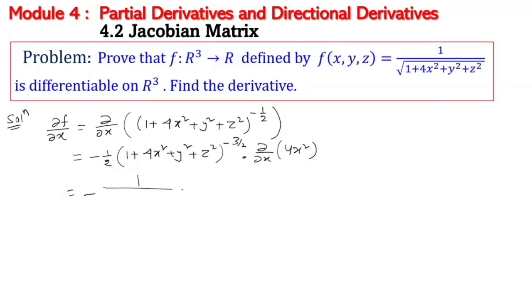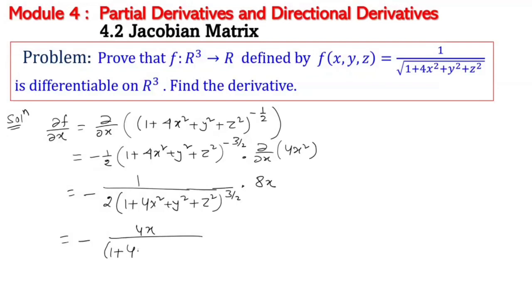So we can simplify it: minus 4x over (1 + 4x² + y² + z²) to the power 3/2.